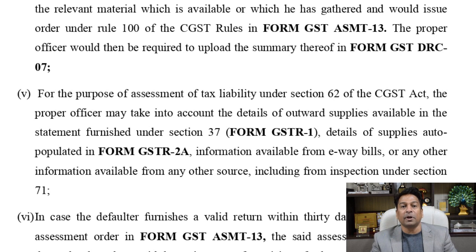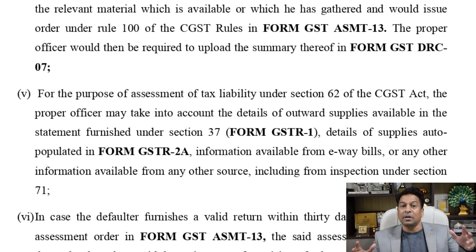Maybe the proper officer would have your outward supplies details which you have filed in GSTR 1 under Section 37, or he can get the data from GSTR 2A, or he can get the data from your e-way bill portal, or he may have initiated some inspection, search and seizure.